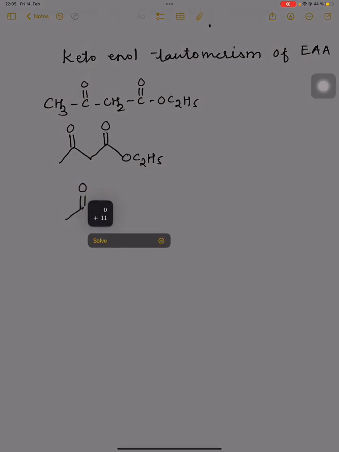Dear students, we have to write ethyl acetoacetate in this form, CH3 C double bond O CH2 C double bond O OC2H5, or we can write it in this form.